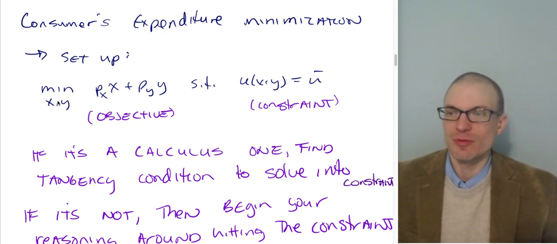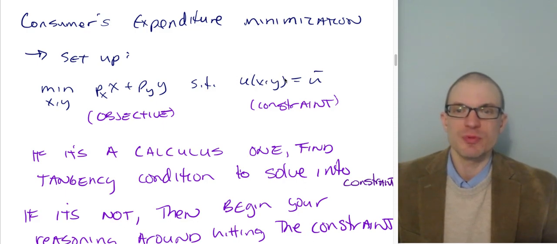That minimization or maximization is by choosing some amount of good X and good Y. In this case, we are going to minimize the expenditure. This is the objective function subject to our constraint. In this case, the constraint is to hit this level of utility, U upper bar, given this preference shape, given whatever this utility function is.